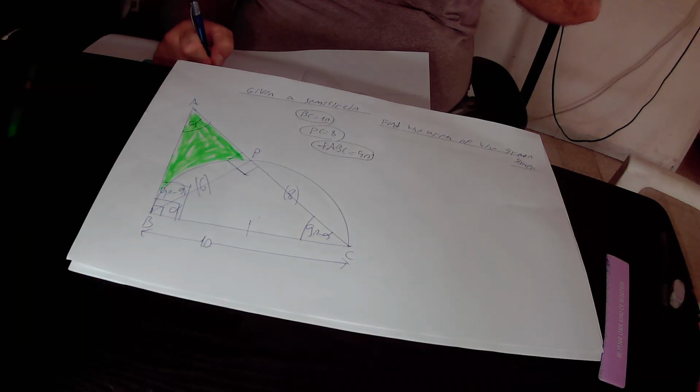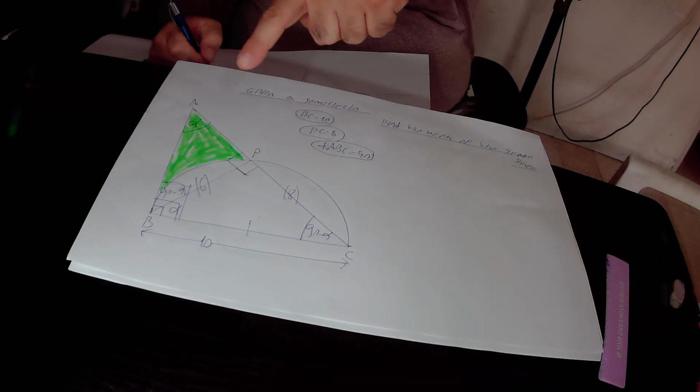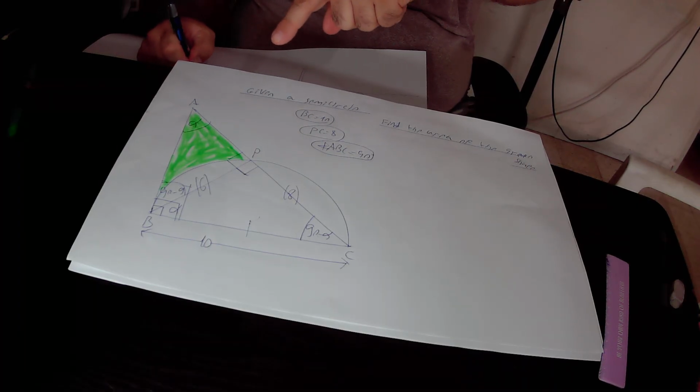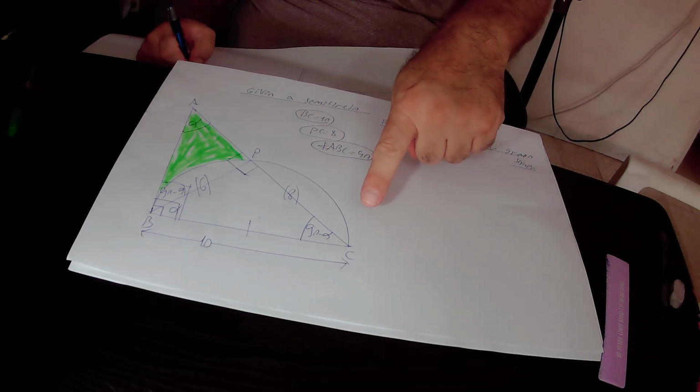And it is also equal to side PB of the triangle APB over side PC of the triangle PBC.